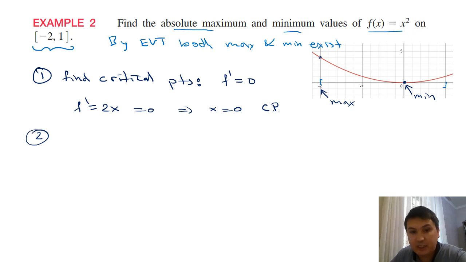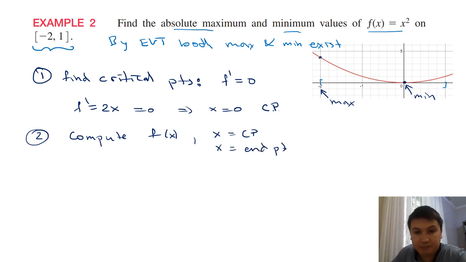What is next? I need to compute f of x, where x is a critical point or x is an endpoint, right? At the critical point, which is 0, I have f of 0. My function is x squared, so this is 0 squared, which is 0. At the endpoints, what are my endpoints?